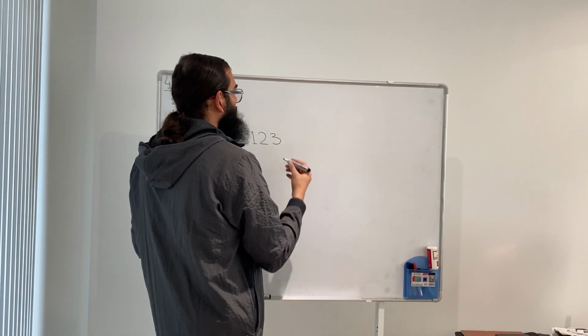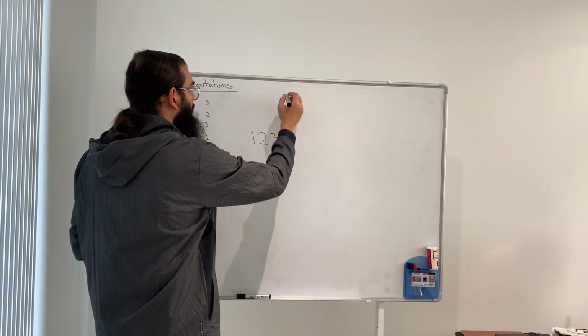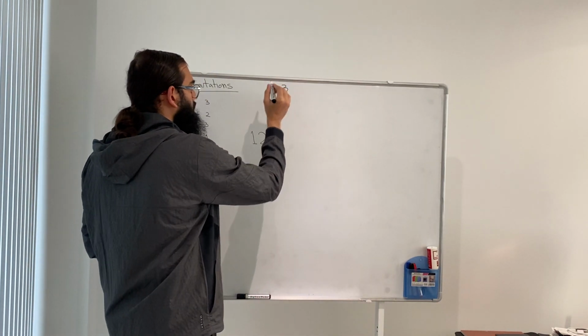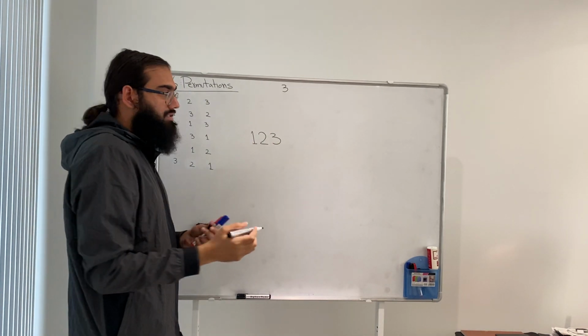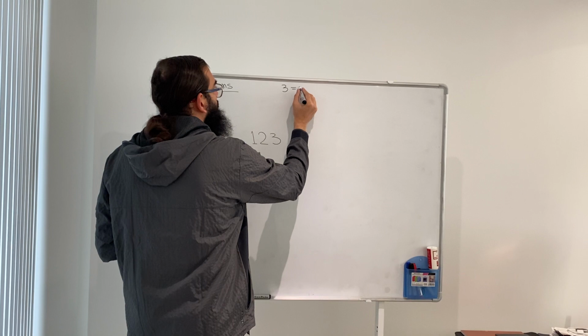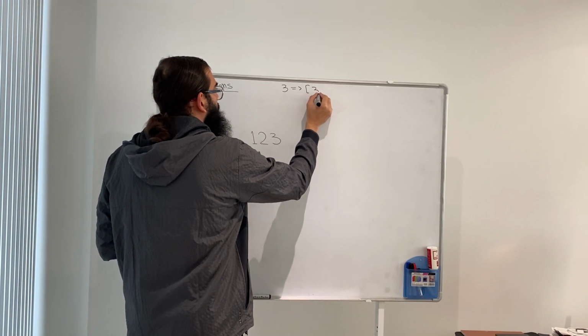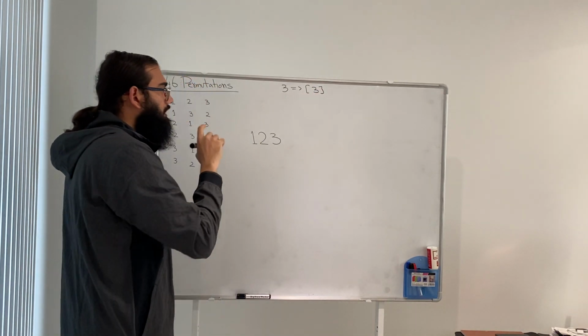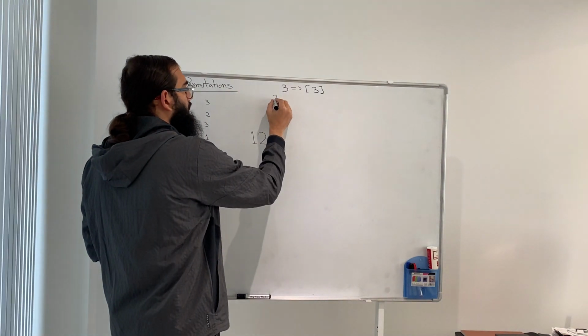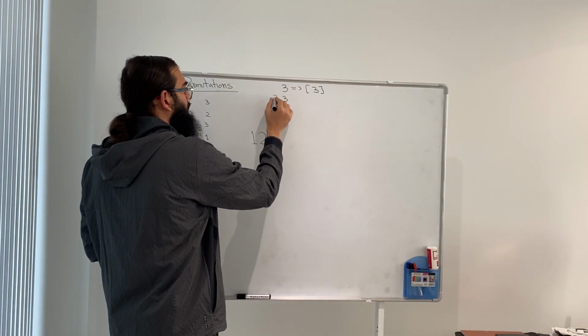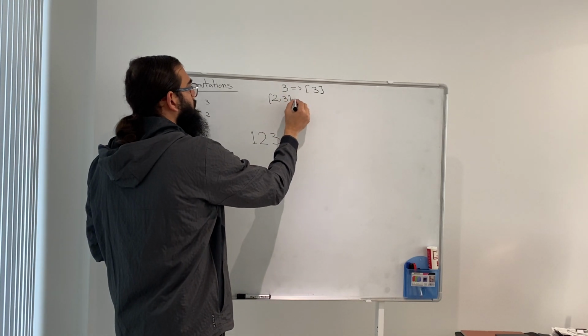So my question to myself: if I have one input, if I have a 3, what will be the answer? The answer is 3. Then the next one: if I have the input 2 and 3, what will be the answer?